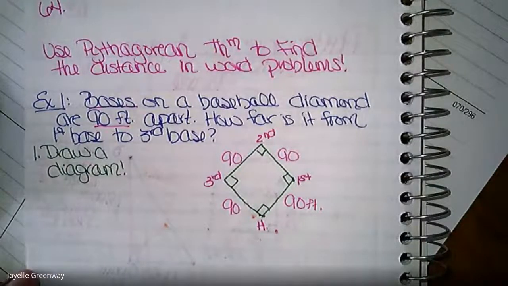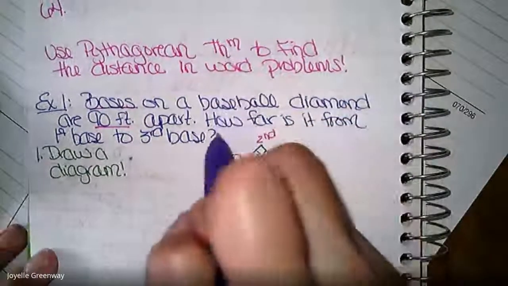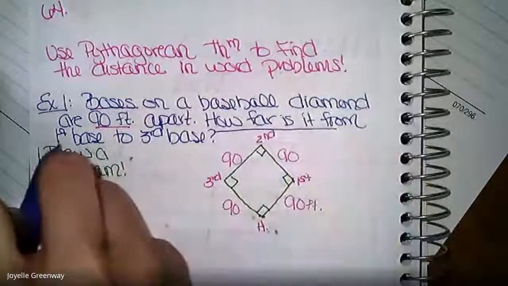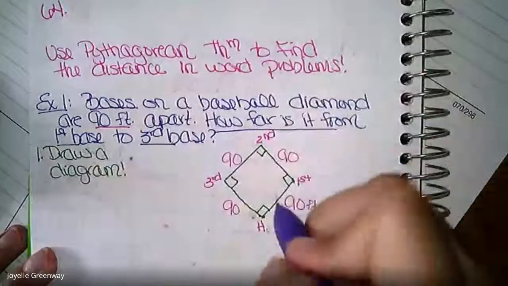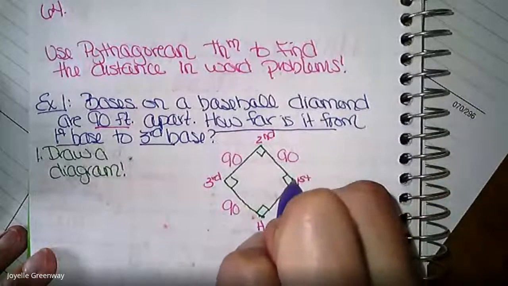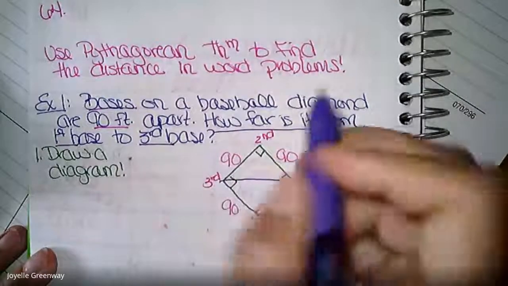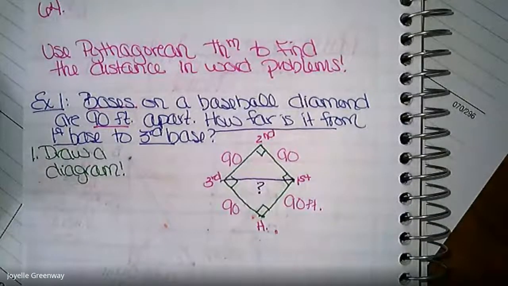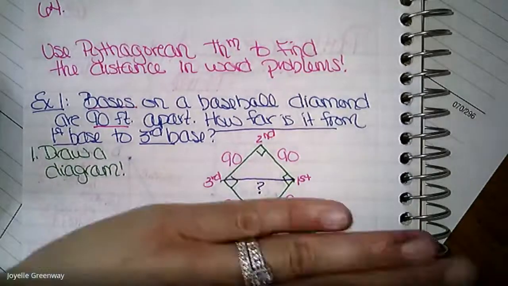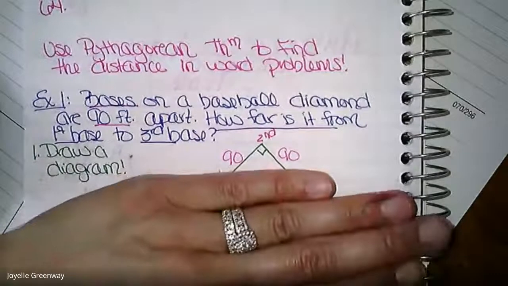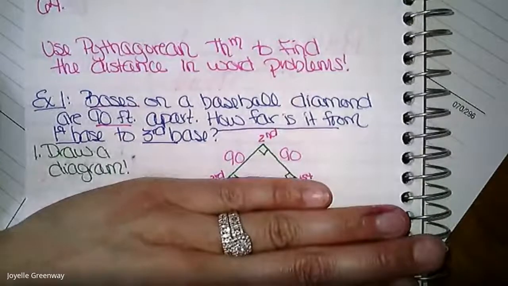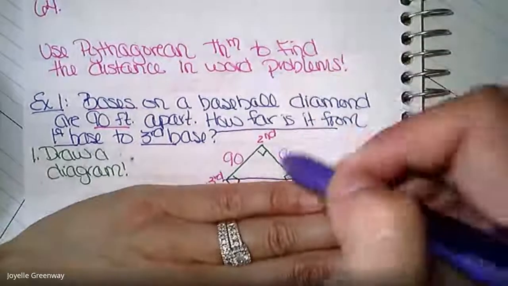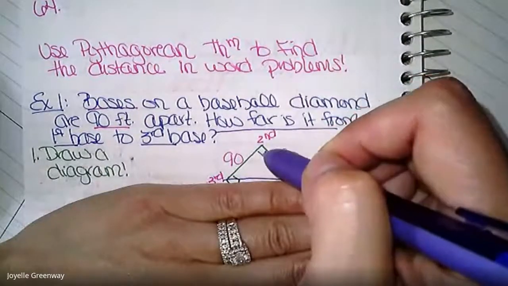So the question is asking us, how far is it from first to third? So if I go from first to third base, how far is that distance? So if you look at either the top or the bottom part of that diamond, do you see that this is a 90-degree angle here?